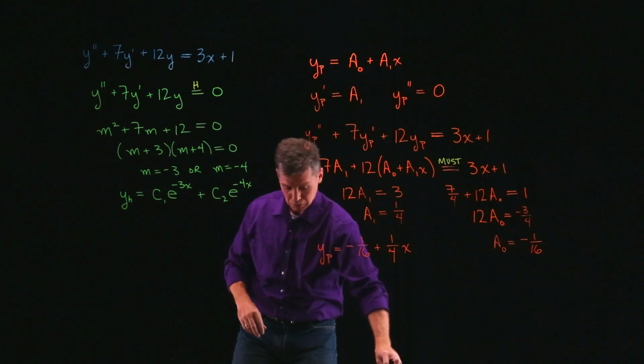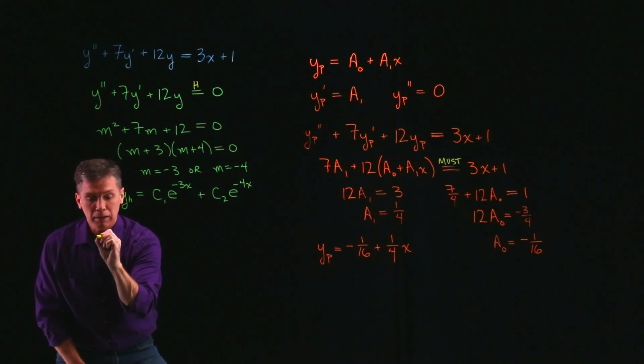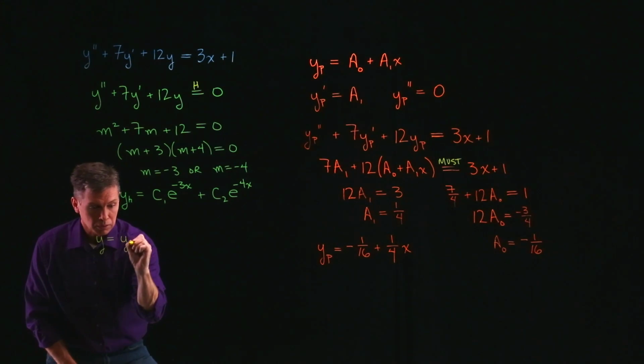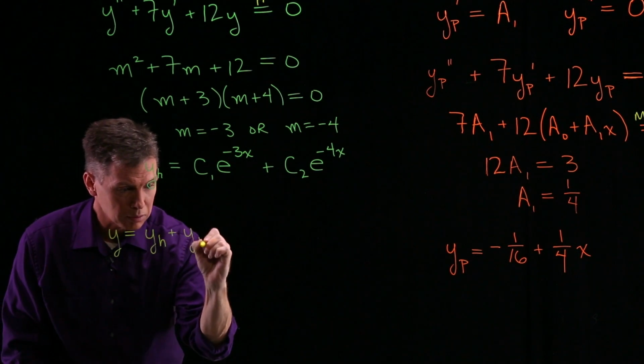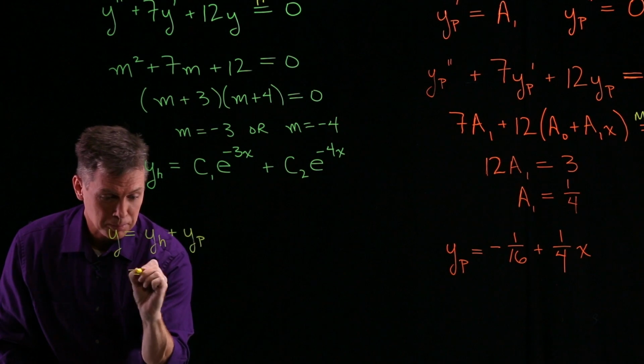Okay, so let me go over here. Final answer, y without any subscript equals y from your homogeneous plus y from your particular. I'll slip down just so I know I have enough room.